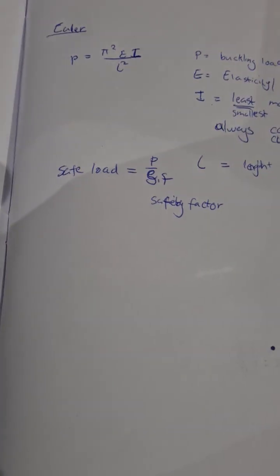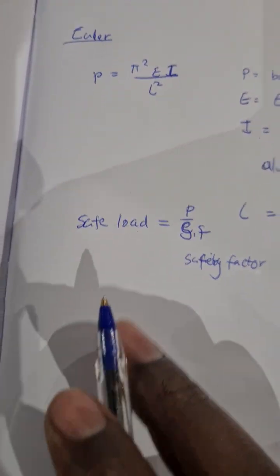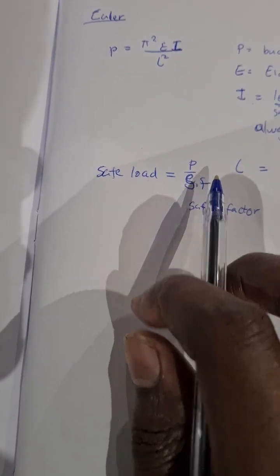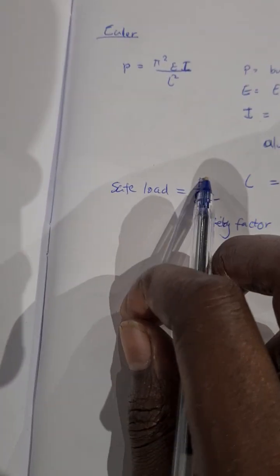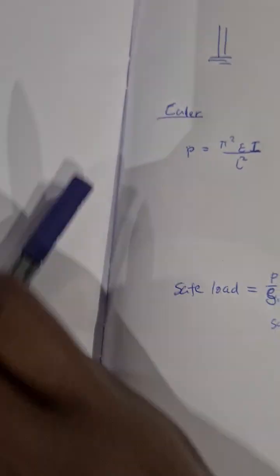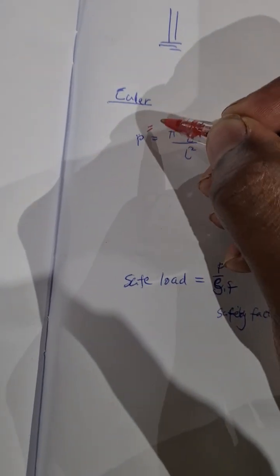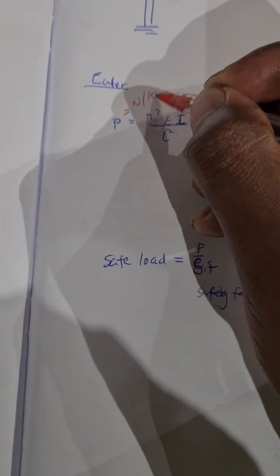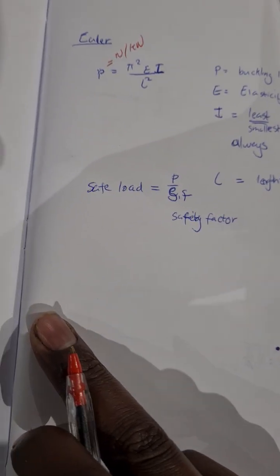Why? Because safe load is equal to P over safety factor. Remember, this is in Newton. So let's write with another pen: the unit is Newton or kilonewton, it's up to you. It's a load.